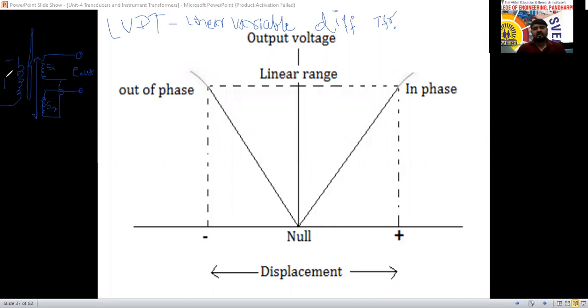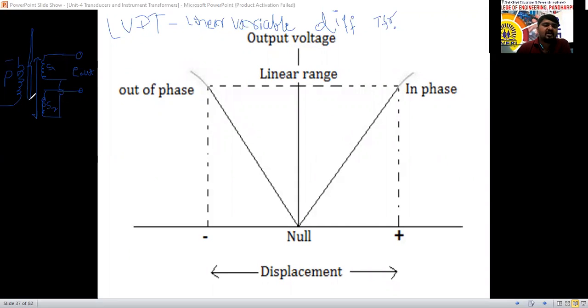This is called the primary. If it is at the center null position, the flux linkage for this coil and this coil will both be the same, so the output will be 0. We have discussed it in the previous class.